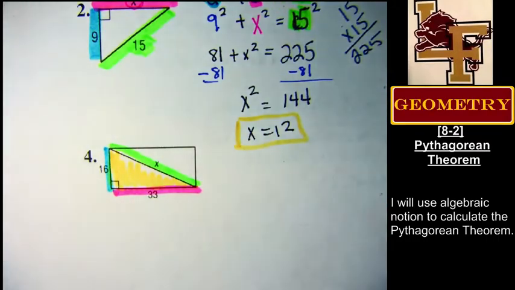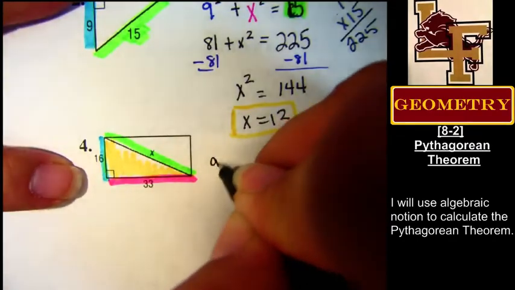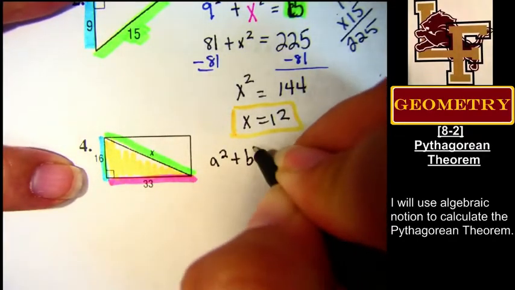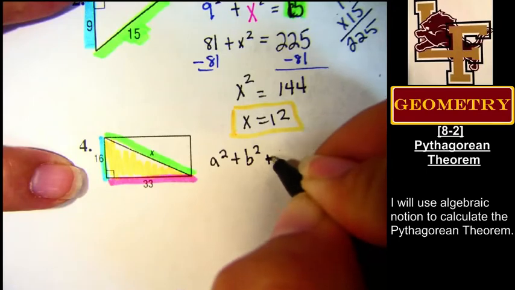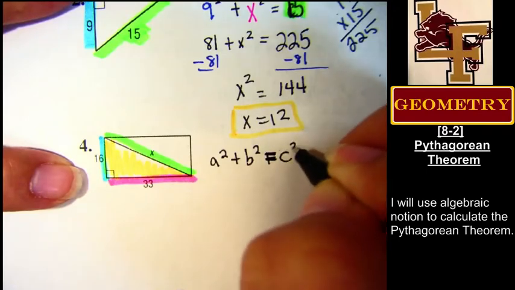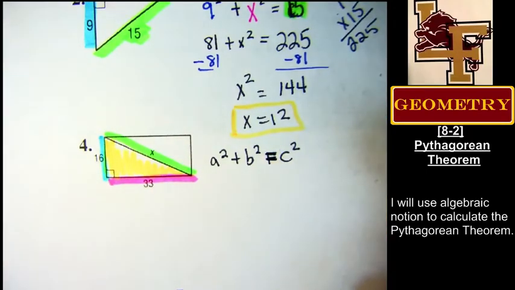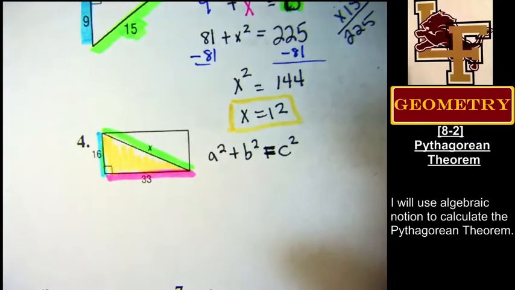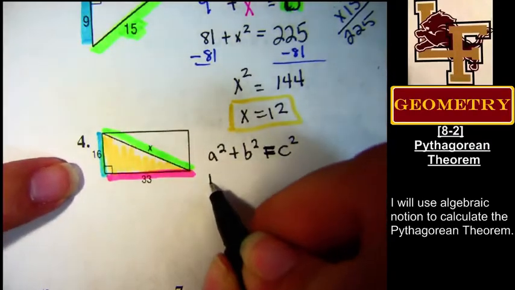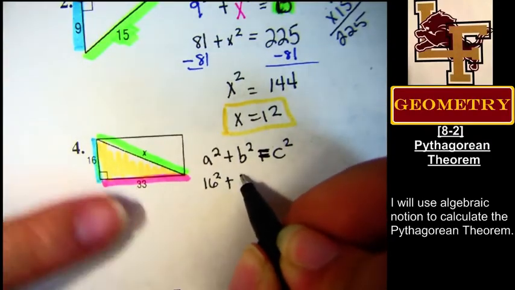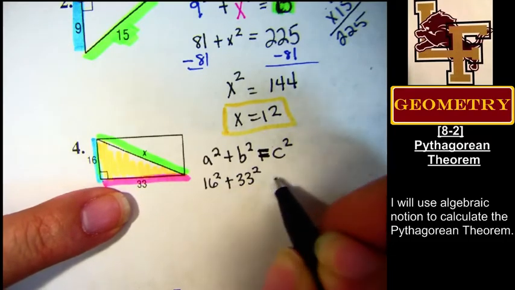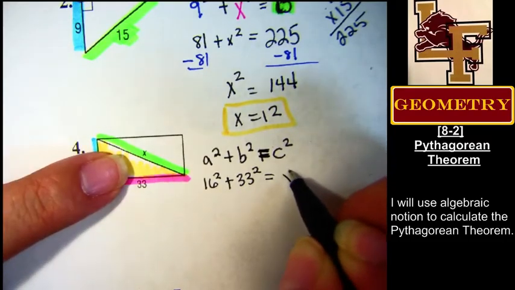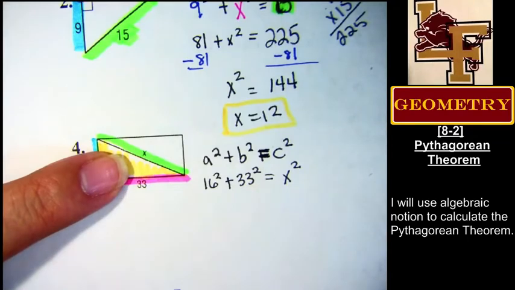Okay? My Pythagorean theorem says A squared plus B squared equals C squared. I'm going to fill in what I know. I know A, I know B, but I don't know C, so I'm going to replace it with the variable.